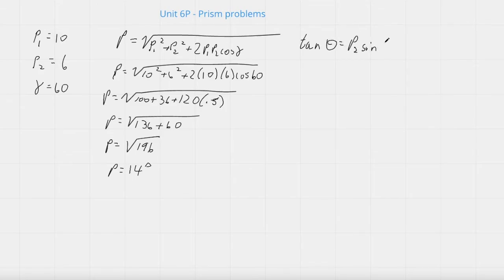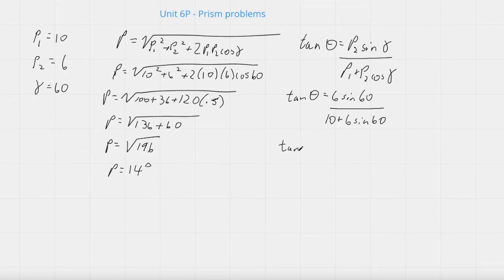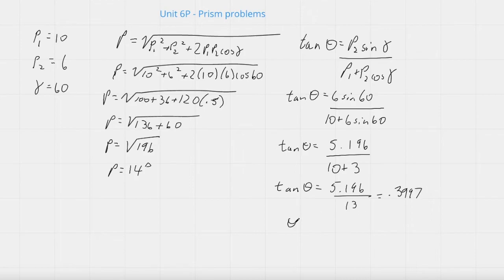The formula for the angle, tan theta, is P2 sine gamma over P1 plus P2 cosine gamma. And again, we plug in. And we find that the tangent of theta is 0.3997, and theta equals 21.79 degrees as before.